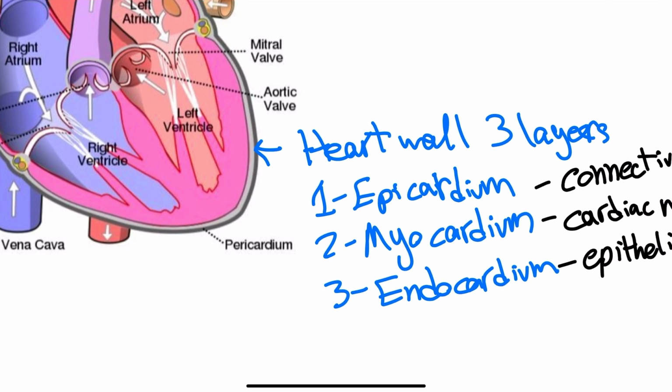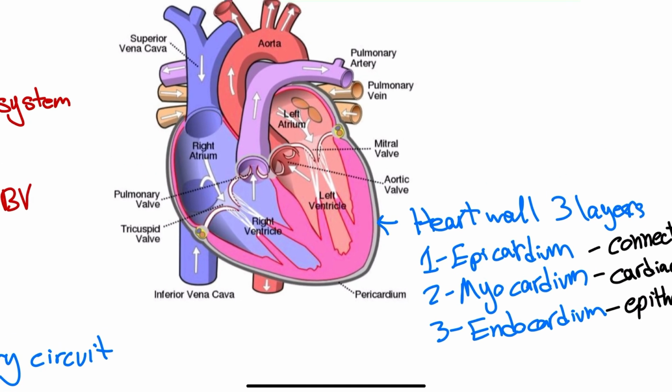So, three layers to the heart wall: the epicardium, made of connective tissue, on the outside; your myocardium, your muscle; and your endocardium, which is in contact with the blood flowing through. So now we can talk about the internal structure of the heart.